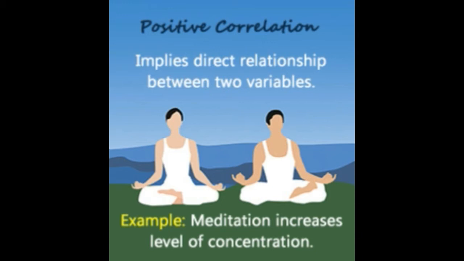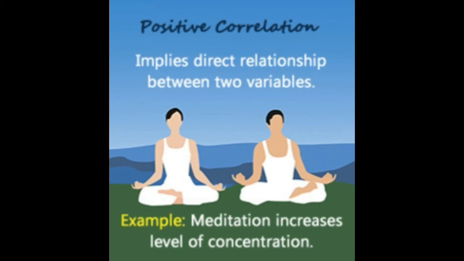Or the less carbs I eat, the less sugar I take in. That is also a direct relationship, a positive correlation in less. So a positive correlation is more, or less. So that is your relationship.